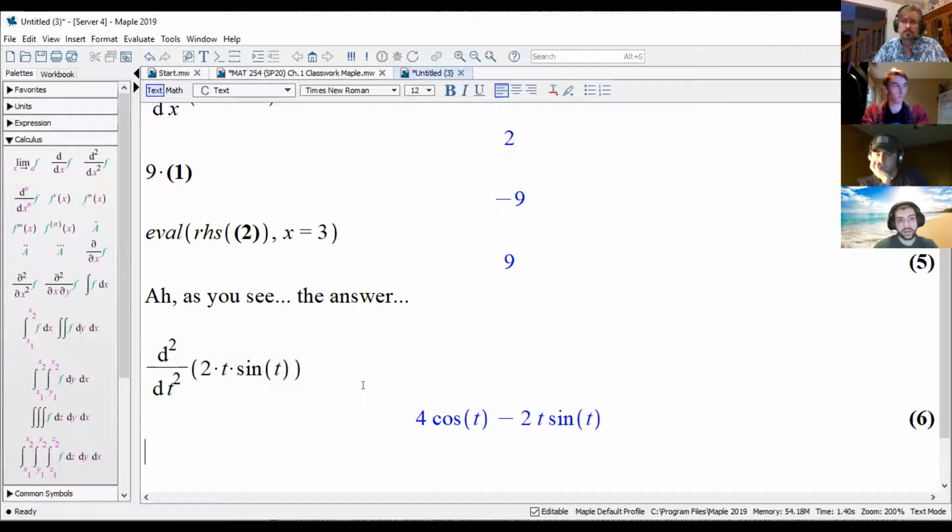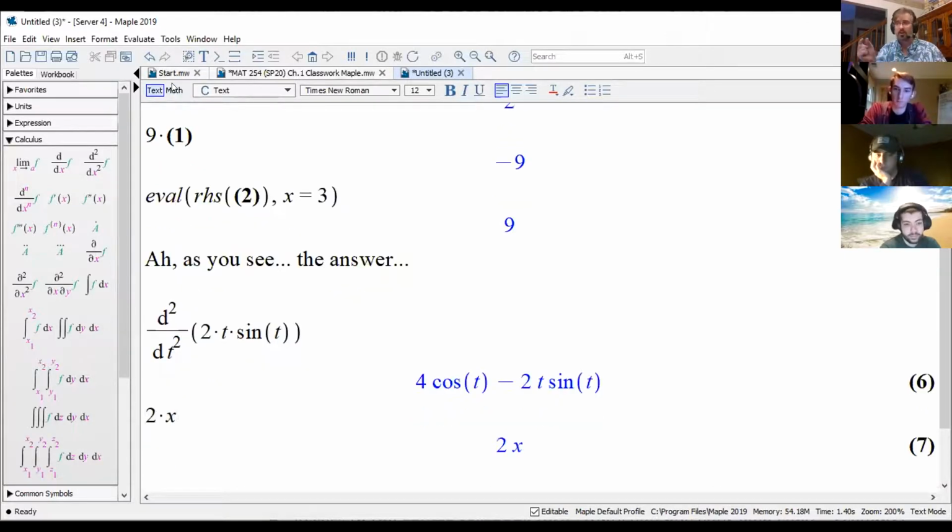Do you also have to have the multiplication symbol in between for it to recognize it? It's a very good habit to get into because later on you will need to right away. So if I just said 2 times x, Maple, that's in text area. I forgot to change back to math. If you say 2 times x, Maple knows that that's 2 times x. And notice, it puts a little space in there rather than put the multiplication symbol.